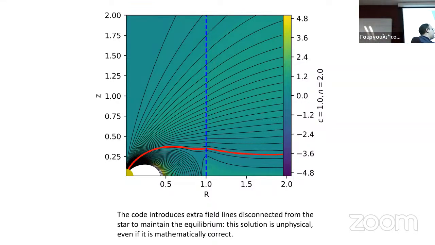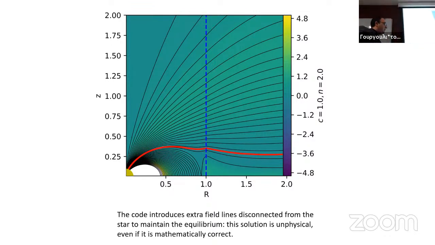We can ask the code to say that the current sheet will start from here, and in this region, so from r less than 1 and deeper in, we will have a magnetic field that is vertical to the equator, as is the case for the rest of the system.